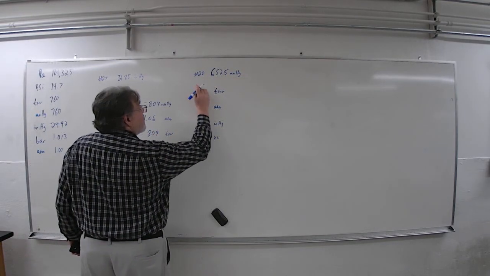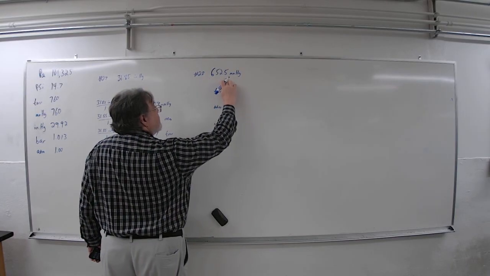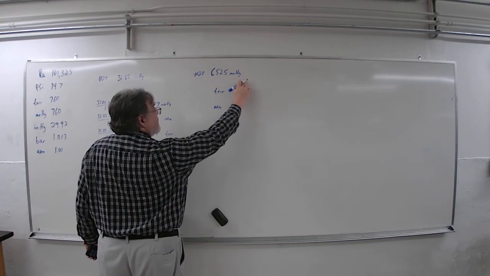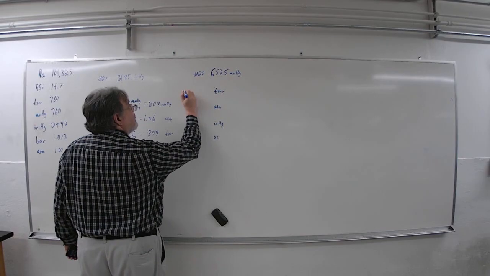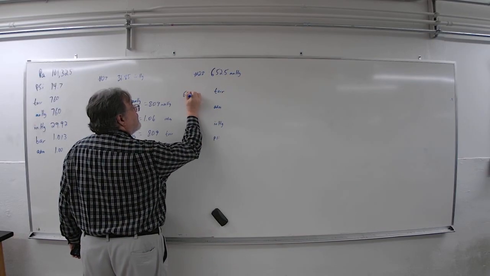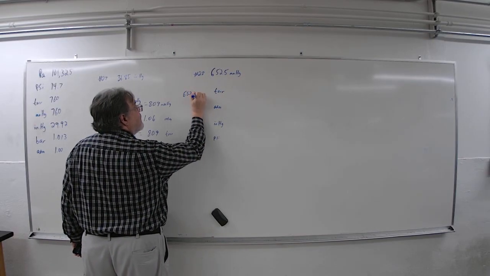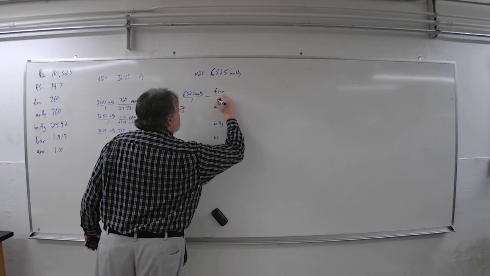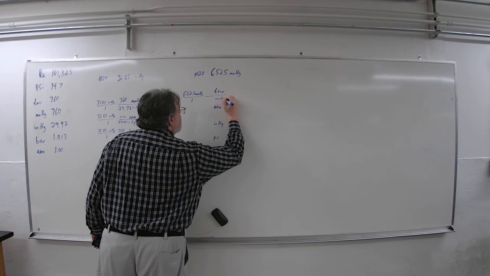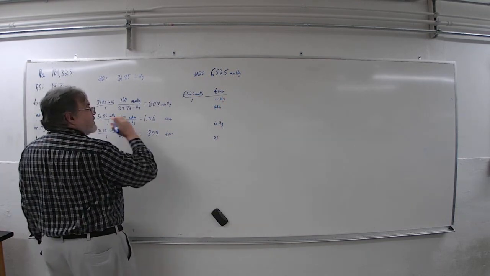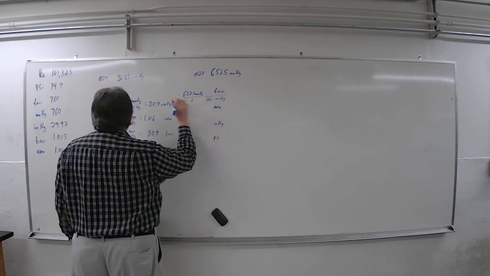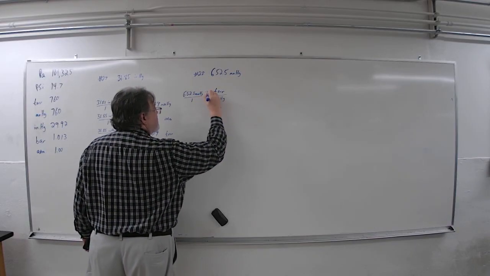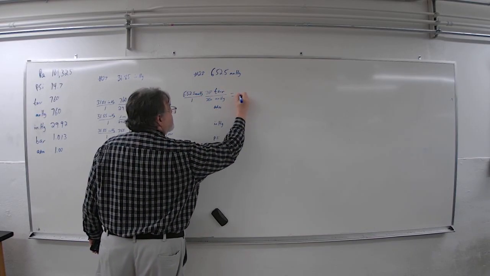Just to continue that a little bit more, I want to convert 652.5 millimeters of mercury to torr. Millimeters of mercury on top. Millimeters of mercury is 760. Torr is also 760. Those are just the same.